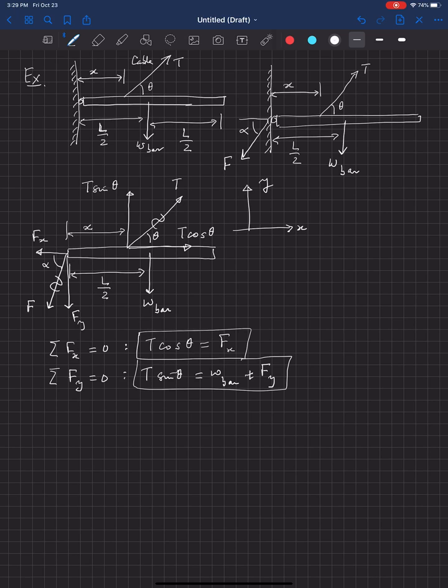Okay, now let's do the second condition of equilibrium, which is tau equals 0.